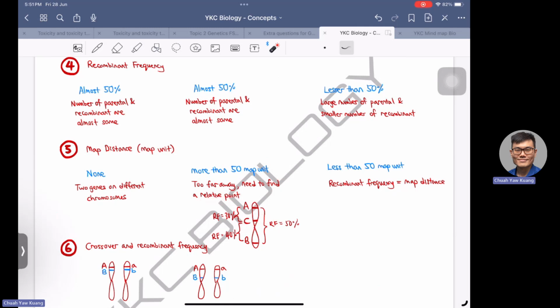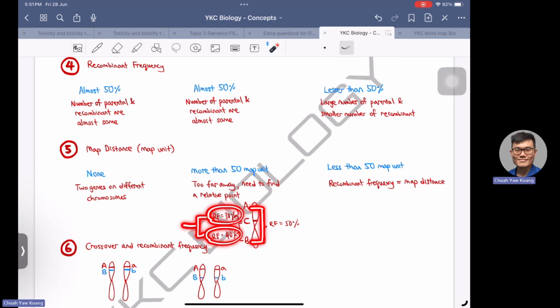Since we know that from A to C is 30% and from C to B is 40%, can we find the map distance? Yes, you take this recombinant frequency plus this recombinant frequency. So what is the map distance between gene A and B?